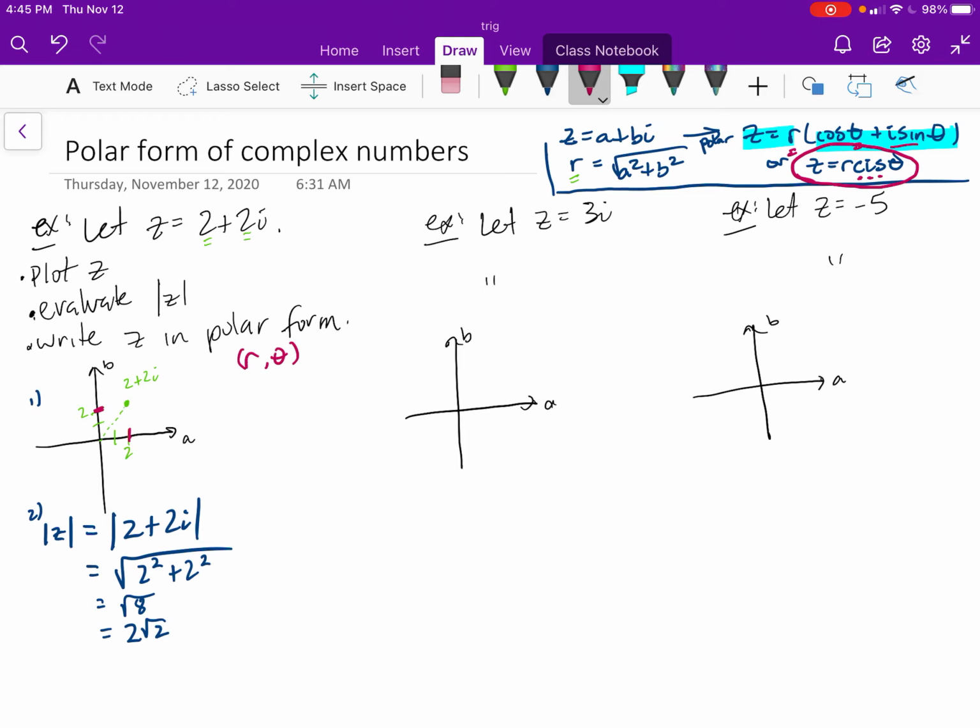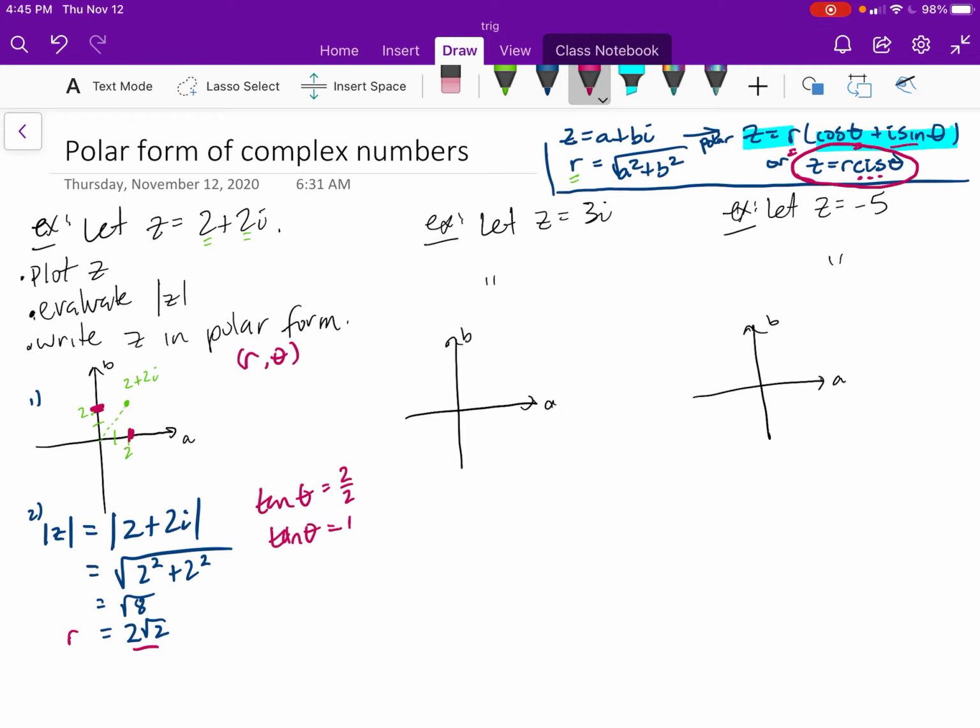Now that we have r, 2 root 2, which is also the absolute value of z, you have options. I'm used to solving this by doing tangent. Tangent theta is y over x, or in this case b over a, 2 over 2, which is 1.